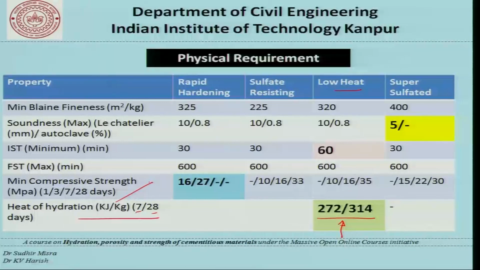Similarly, for the minimum compressive strength for the rapid hardening cements, the number is much higher compared to the others. I would also like to draw your attention to the fact that in the case of low heat cement, the initial setting time requirement is not 30 as it is in the other cases, but it is 60, which means that we are prepared for the fact that the low heat cements will hydrate more slowly to begin with.